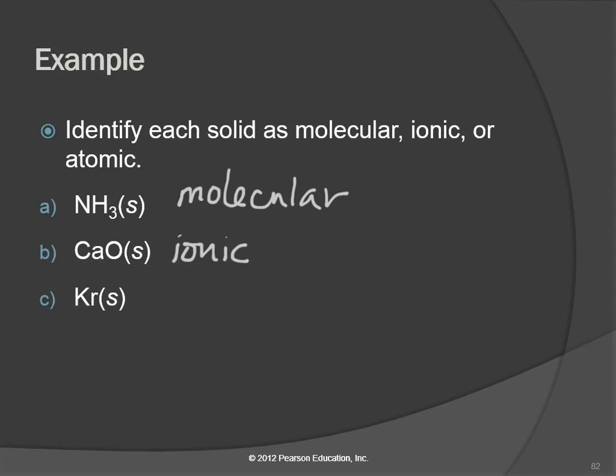What about krypton? This is atomic. So atomic solids are just going to have one element in them. Just one element. Ionic solids will have a metal and a nonmetal. Molecular solids will have more than one nonmetal. Okay?